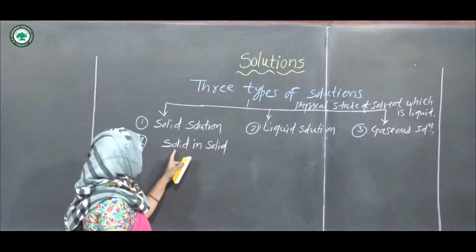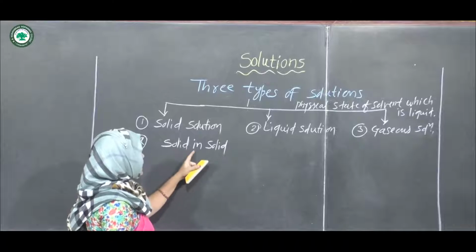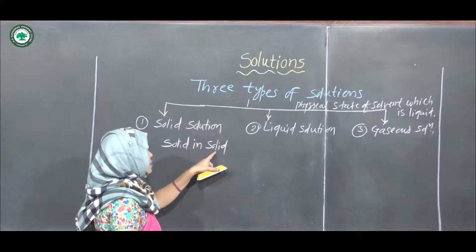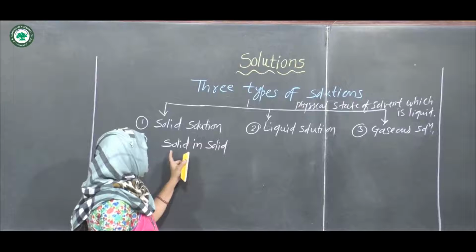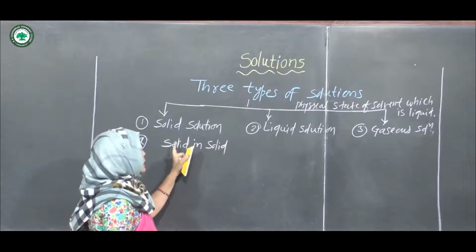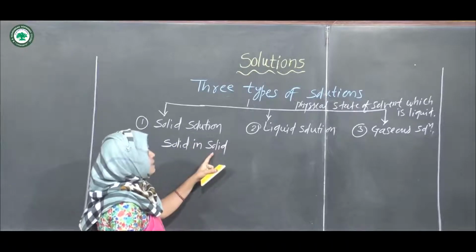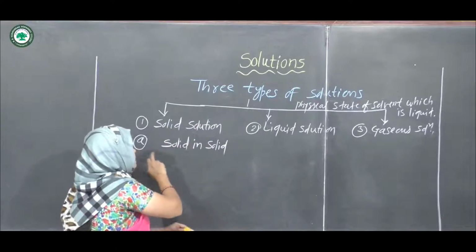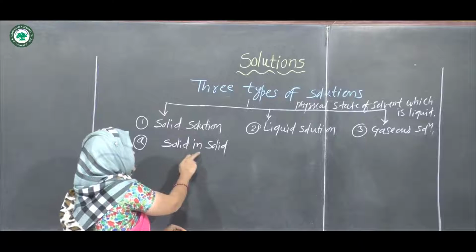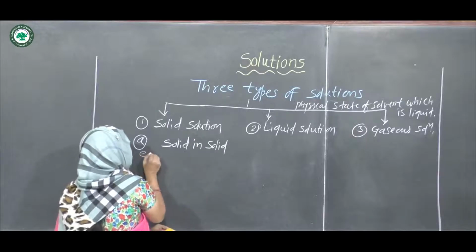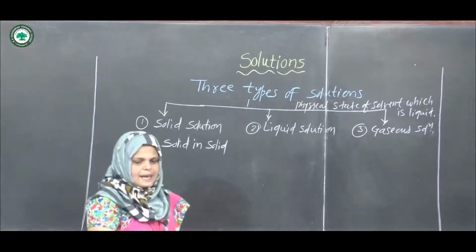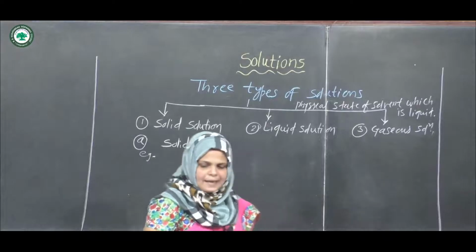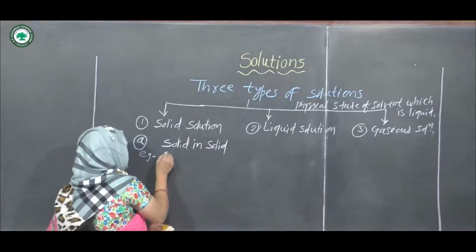That means the solute is solid and the solvent is also solid, forming the solid solution. What is the example of solid in solid? Its example is alloys like brass, bronze.